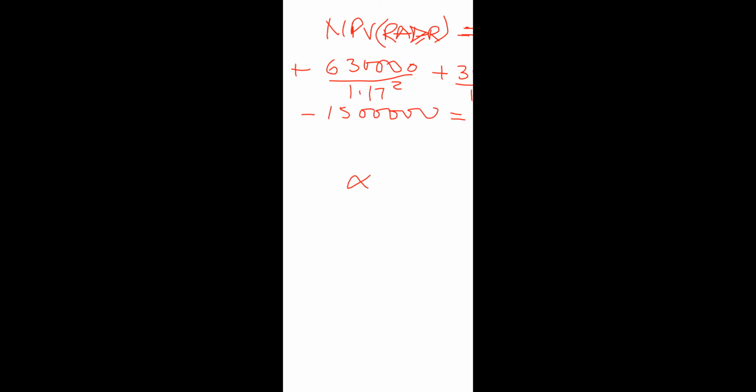The value of alpha varies between 0 and 1, depending on the riskiness of the project.